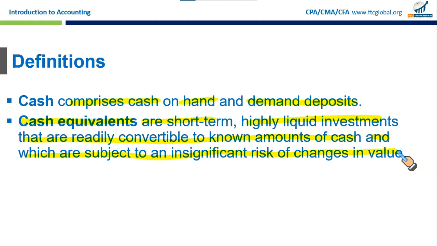And additionally, they have a very short maturity, typically 3 months or sometimes less, and they carry very little risk in value, change in value. So for example, treasury bills issued by the government, commercial paper issued by large organizations, and other marketable securities which have less liquidity risk, which we can sell with minimal risk of change in value. So they are called cash equivalents.